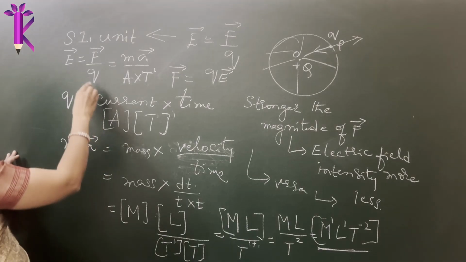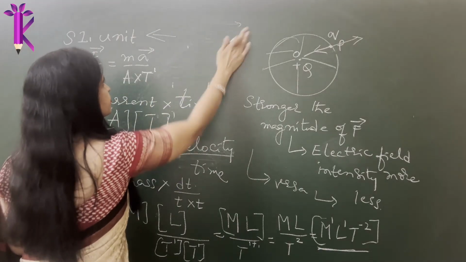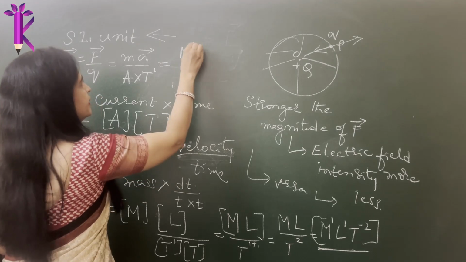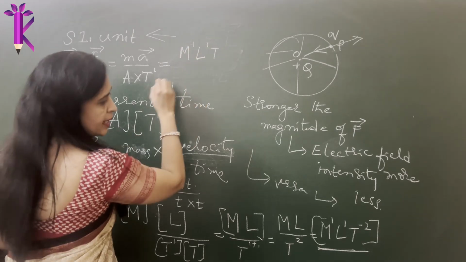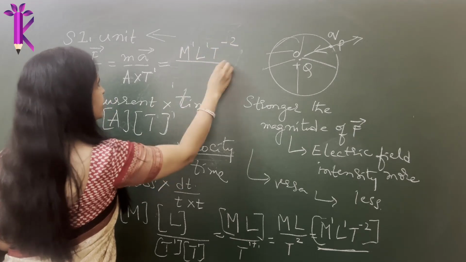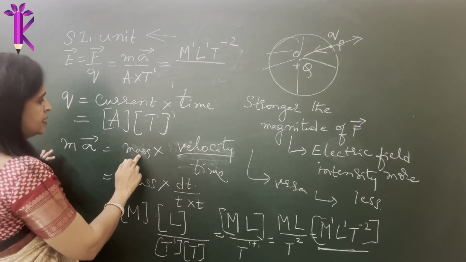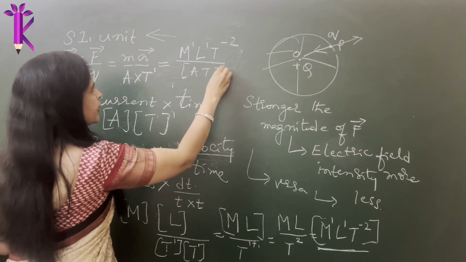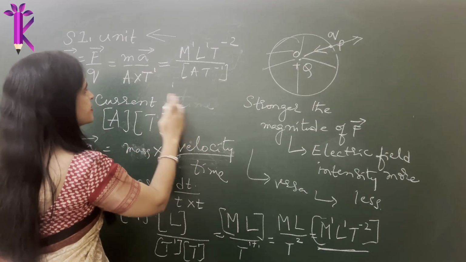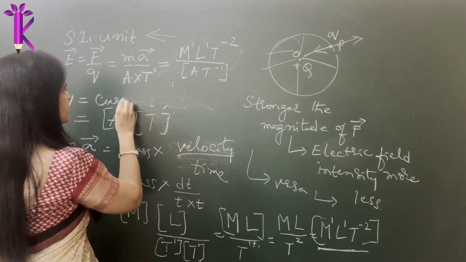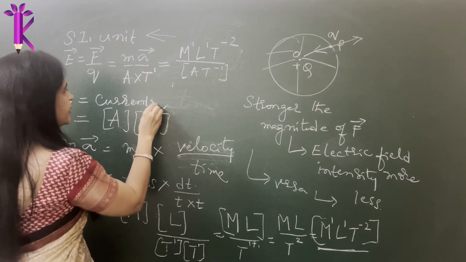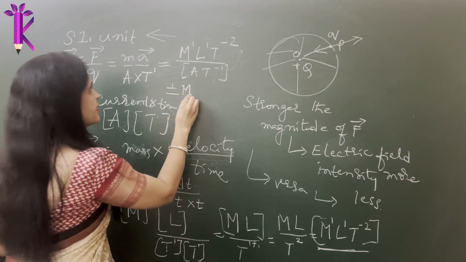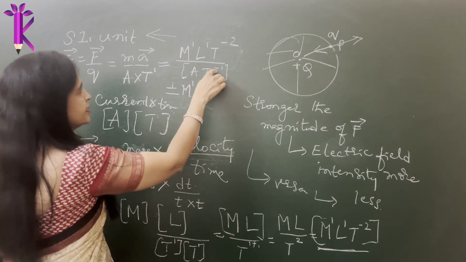Now if you substitute all of that here, it is m1 L1 t minus 2 divided by, what was that? A t minus 1. So mass is 1, length is 1. This is minus 1.